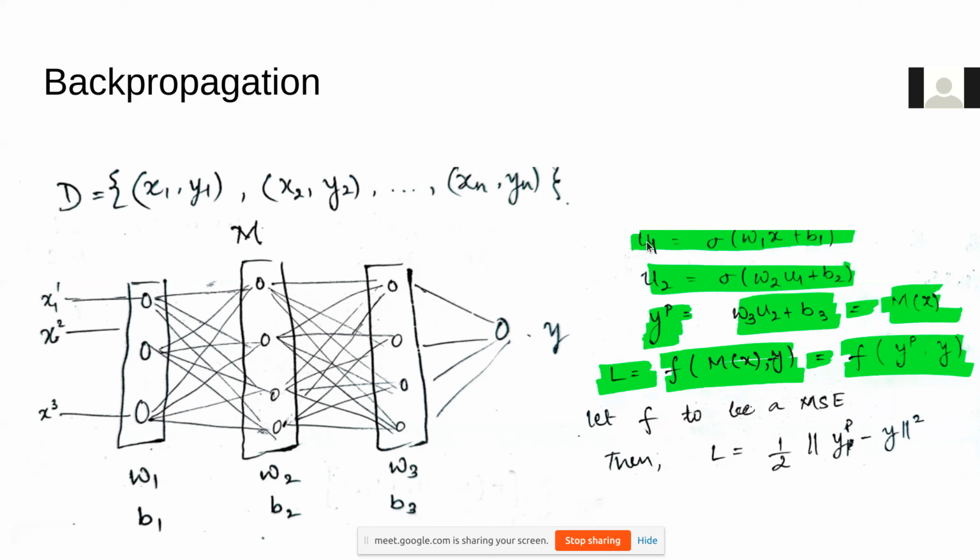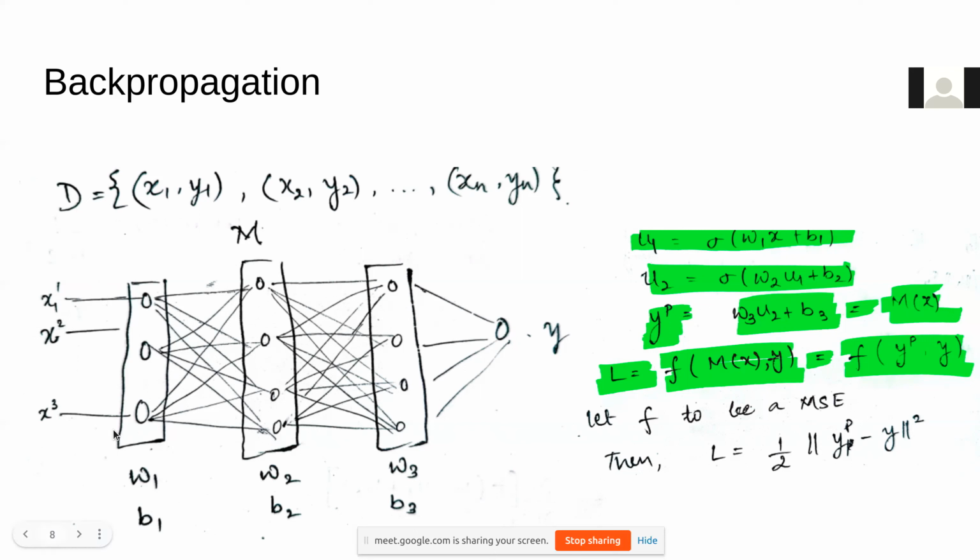So u1 is equal to sigmoid of w1x plus b1. What it means is that x is the input to the neural network, and this is the first layer. The input will be multiplied by the weights, right? So if the weight here is w11, it will be w11x1 plus w12x2 and so on.